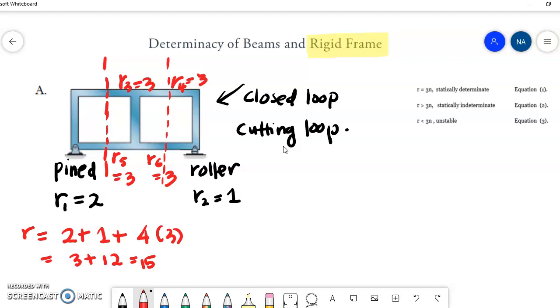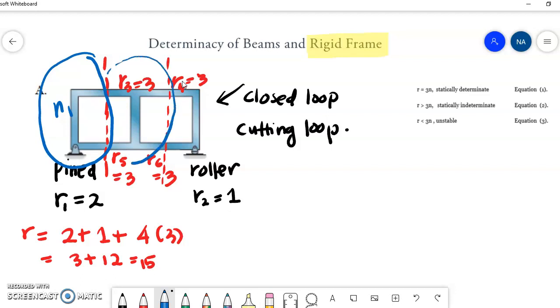So okay, how many N? Okay, so after we have this cutting loop, this area will become N1. This area will become N2, and this part will become N3.